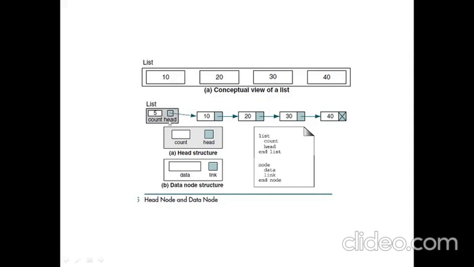This particular head value is very important, because in a linked list, if you lose the head pointer, then you can't trace the linked list. It's only with the help of the initial pointer, or the node address of the first node, that you can get into the list and traverse the entire list till the last element. So the head pointer is an important requirement of a linked list, which contains the address of the first node.